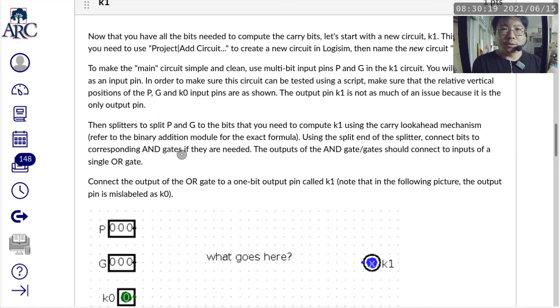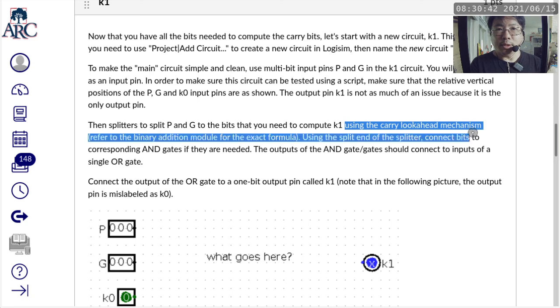And this question does rely on people knowing how K1 is defined in the carry look ahead manner. And then the question is, where do we find how K1 is defined using the carry look ahead mechanism? This is very spelled out.